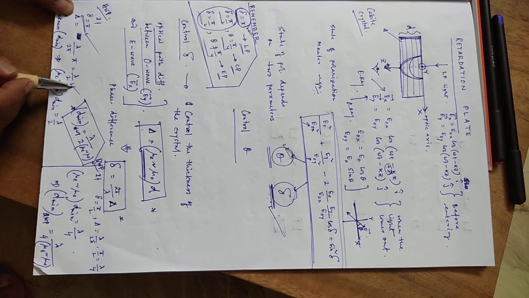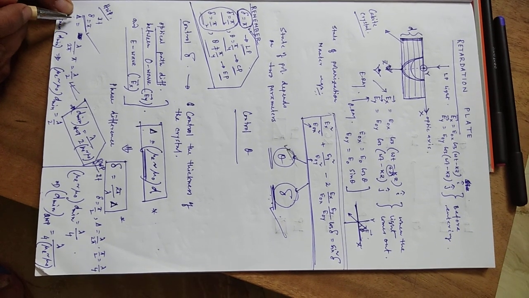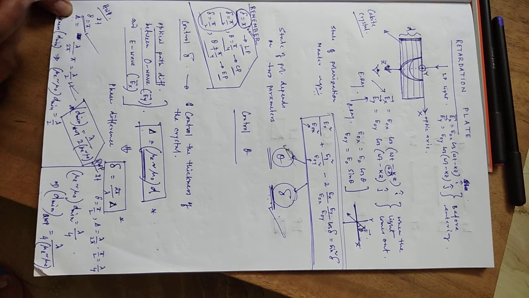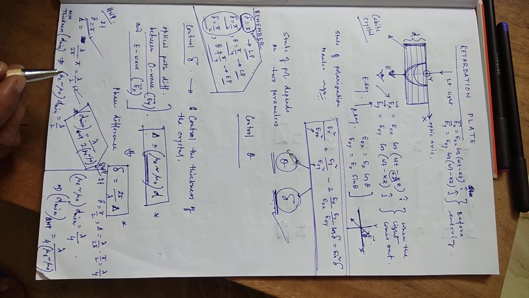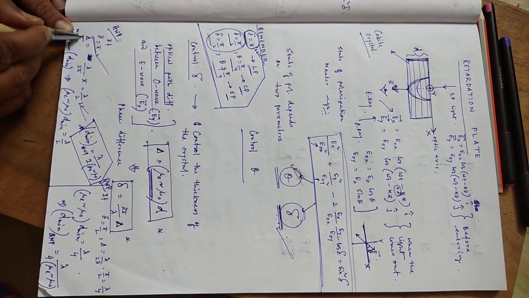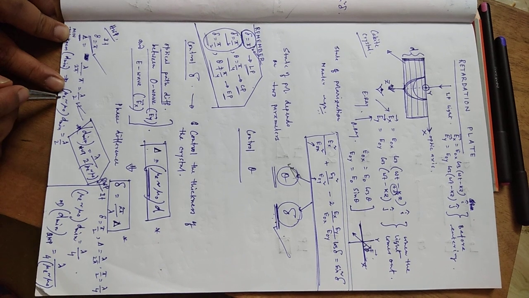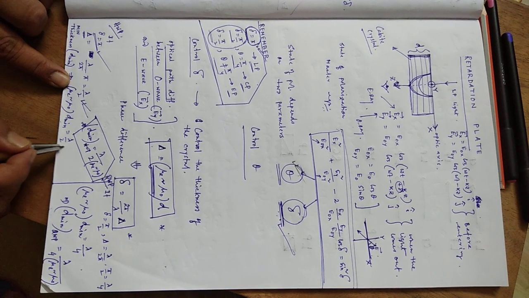Capital delta will be lambda by 2. Now capital delta means mu e minus mu o into the actual physical thickness of the crystal. So what is the minimum thickness required for the crystal to acquire this optical path difference? That is, mu e minus mu o into d min is equal to lambda by 2.